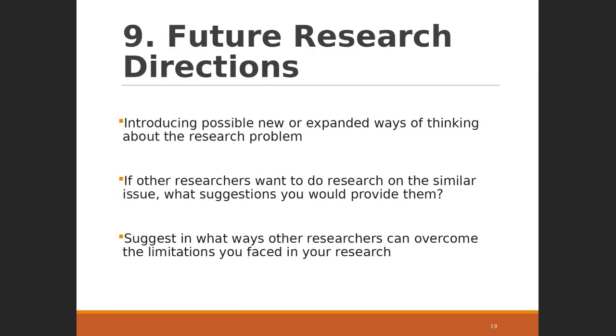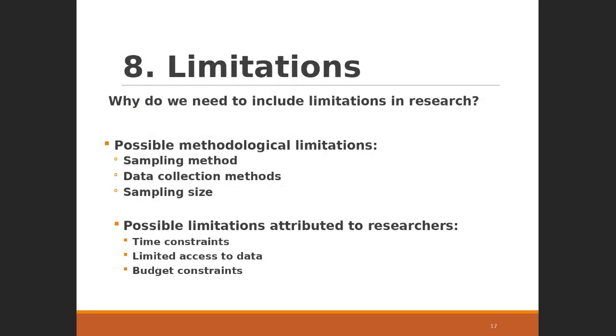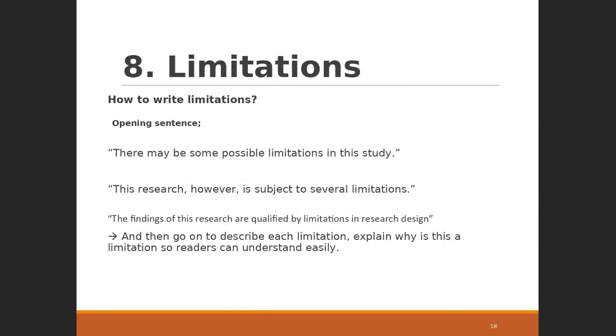So one way to write your future research direction is to convert your limitations into your suggestions for future researchers. So whatever your limitations are, you can convert these limitations and suggest other researchers that in their research, they can think about covering these limitations, and they can overcome these limitations by suggesting what they need to do.